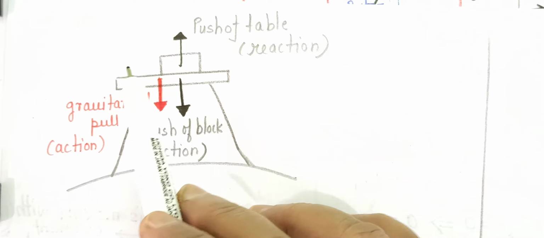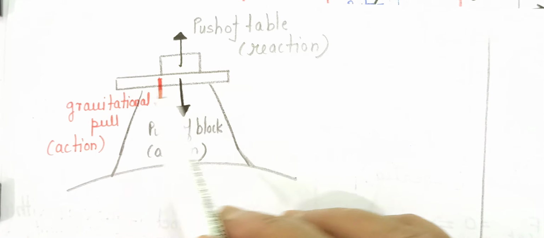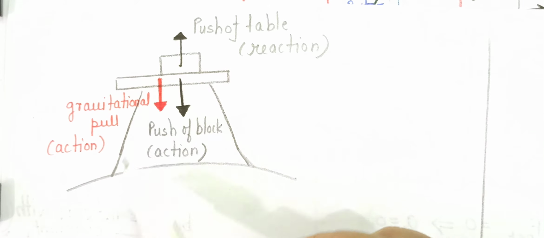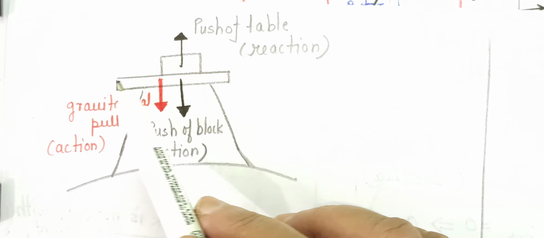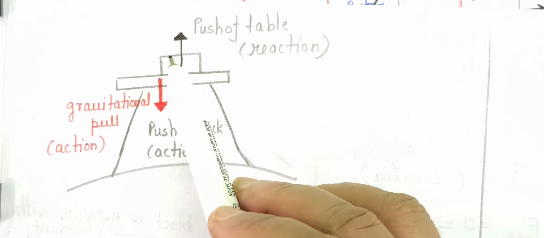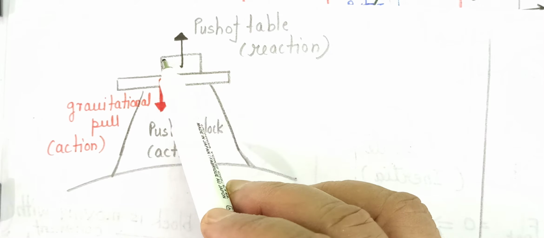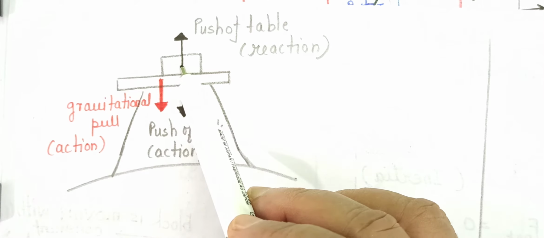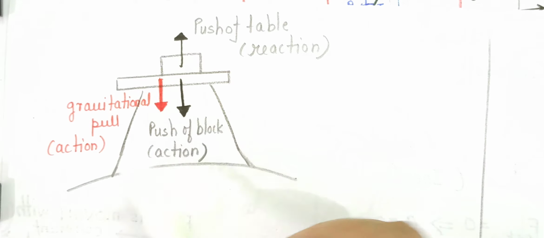Now I am taking an example of a table which is placed on the earth and a block is placed on the table. Now just check out, this block is pulled by the earth in the downward direction. Yes or no?